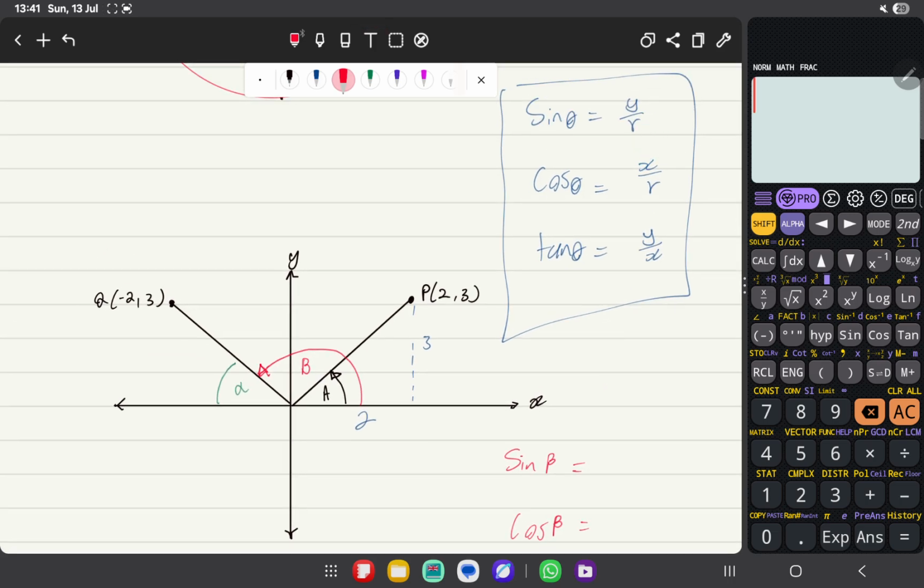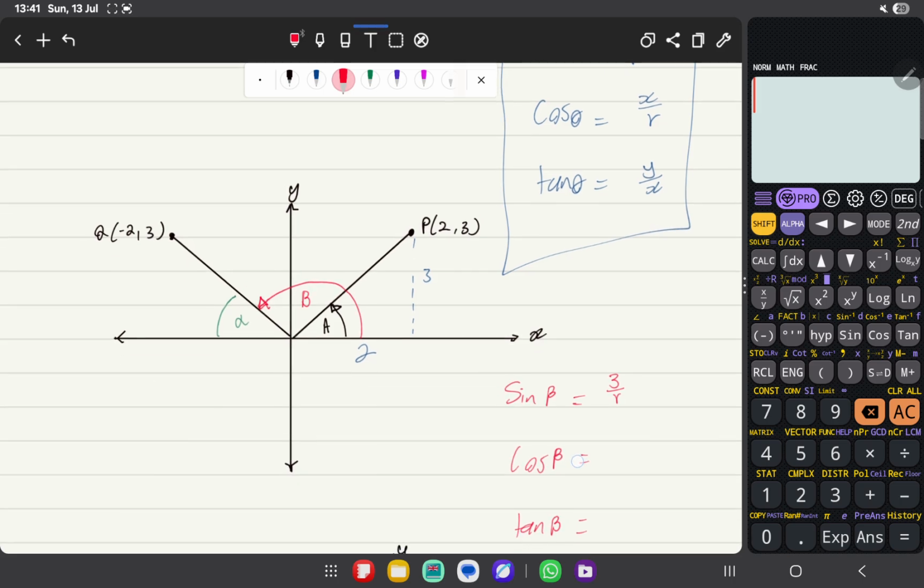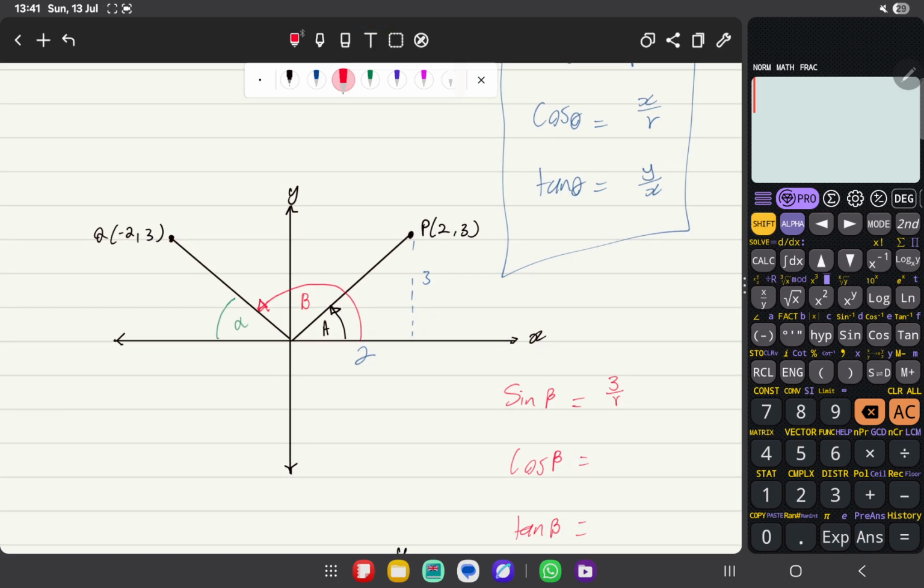We don't know r, so we'll just use r this time. Therefore here sine is going to be y, which is 3, over r. R is always positive. I will show you guys why I mean that. R is just a distance, a radius from the center of the circle to the circumference. And then cos is x, which is minus 2 over r.